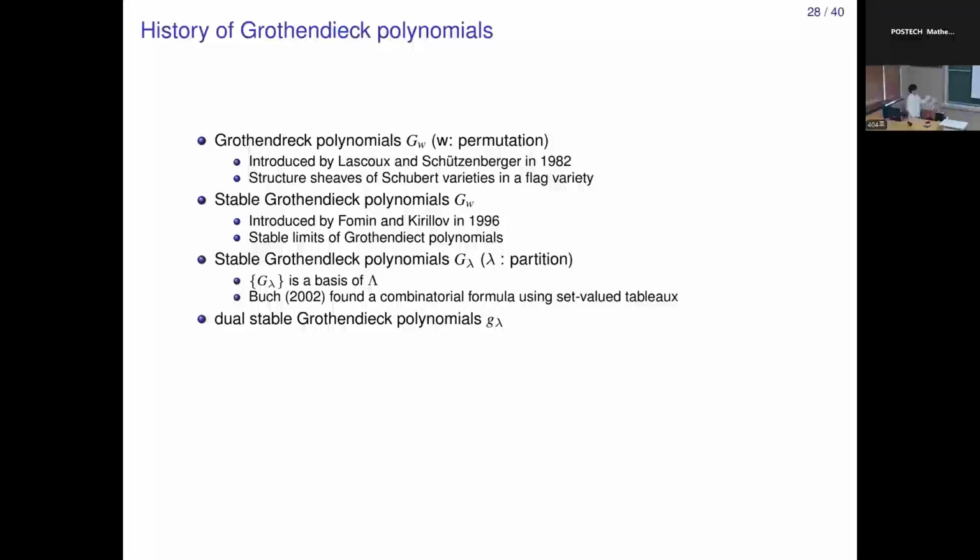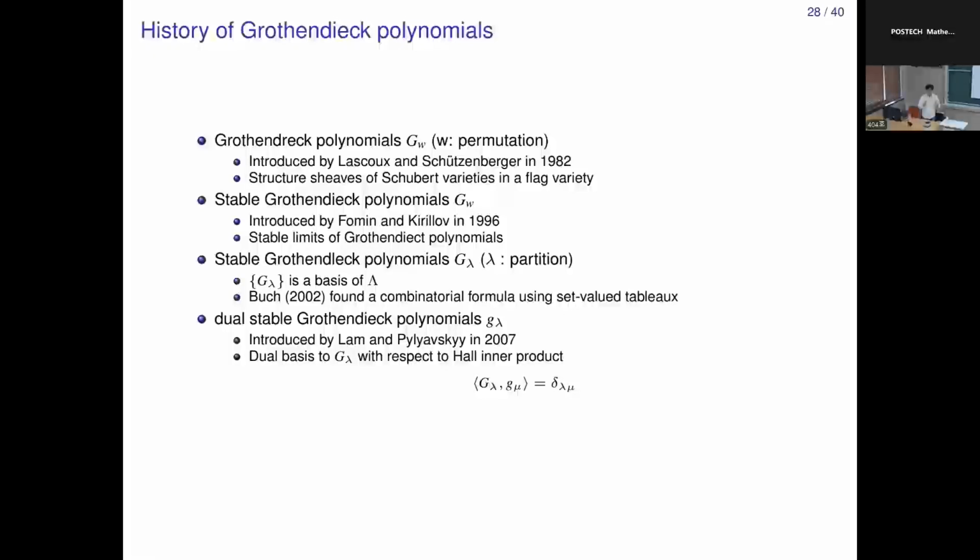And there are also dual versions of stable Grothendieck polynomials. Dual in the sense that capital G and small g form dual bases with respect to the Hall inner product. But you see, if you start with one basis, you can always ask, what is the dual basis?